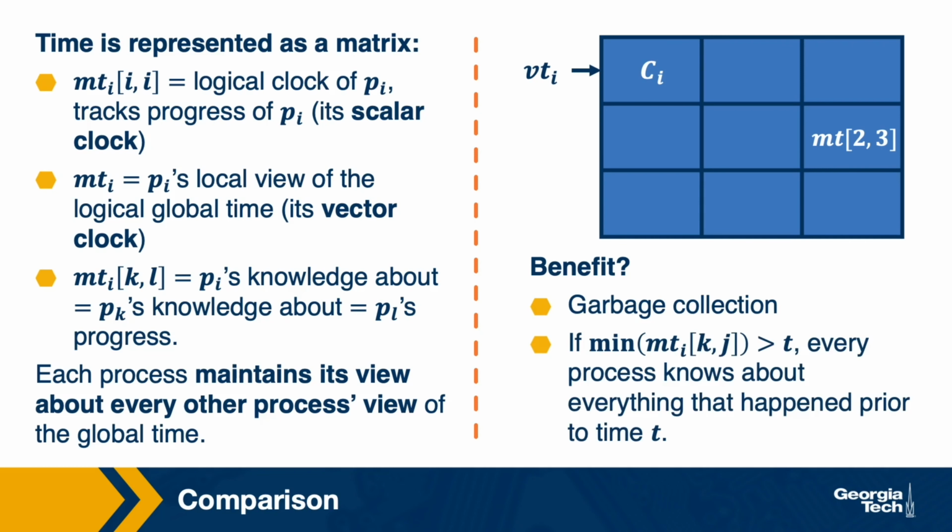With matrix time, just by looking at the timestamp, this now matrix timestamp, we can tell whether it is safe to delete some piece of state. For instance, if we know that that state was supposed to be deleted at timestamp t, then once all the elements in the matrix advance beyond this value t, we know that every process in the system knows everything that has happened prior to time t, and this would include the message about deleting this state.